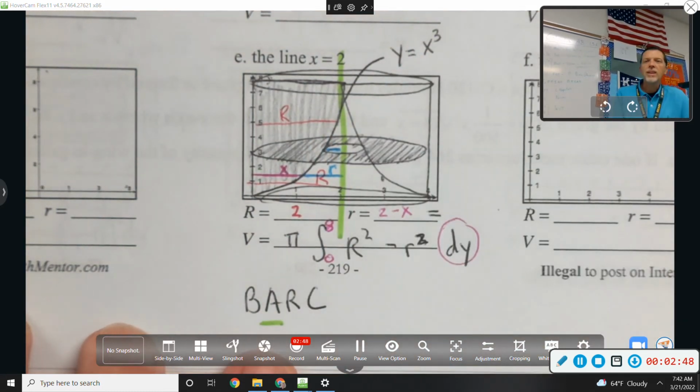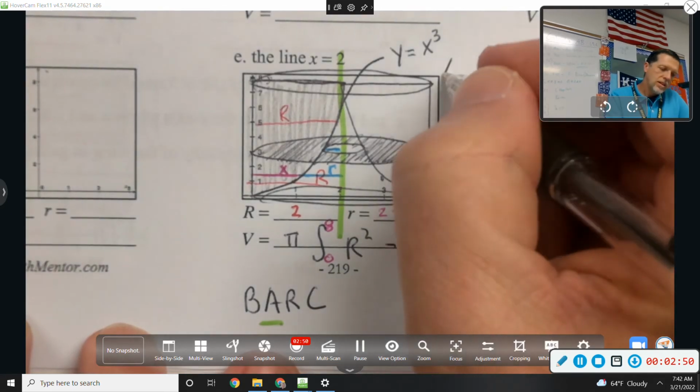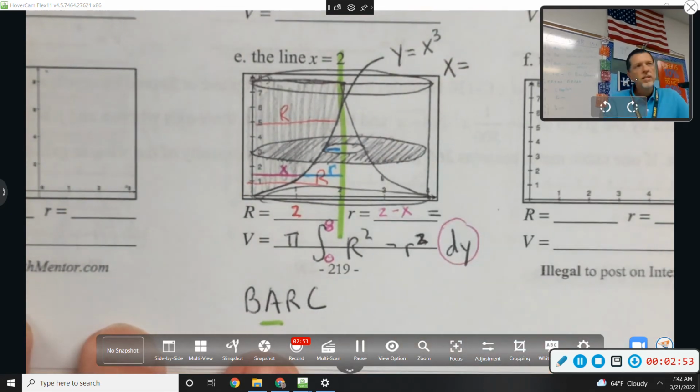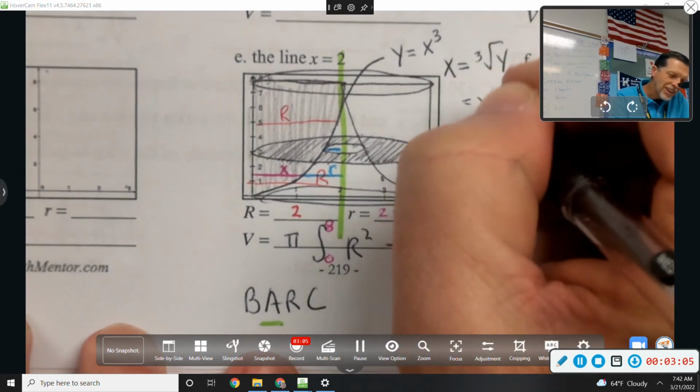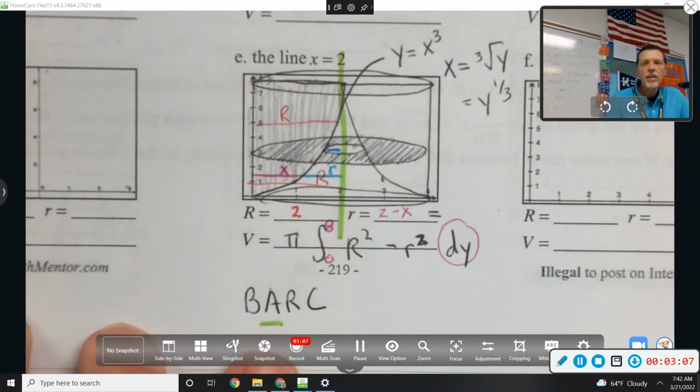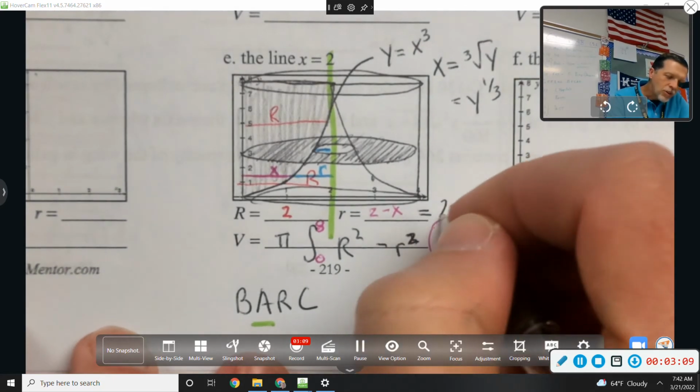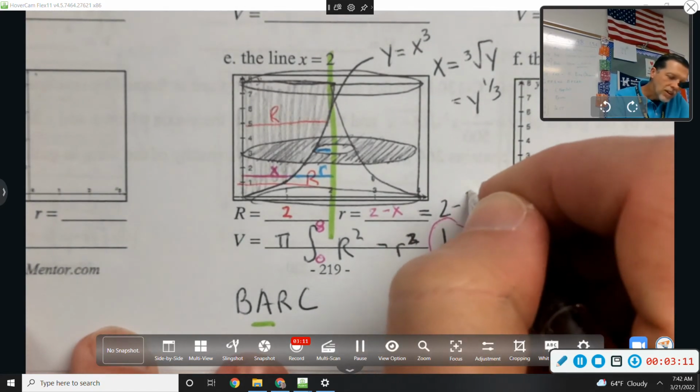I need to know what x is. Y to the cube root. So either the cube root of y or y to the 1/3. Either way. So little r then is 2 minus cube root of y.